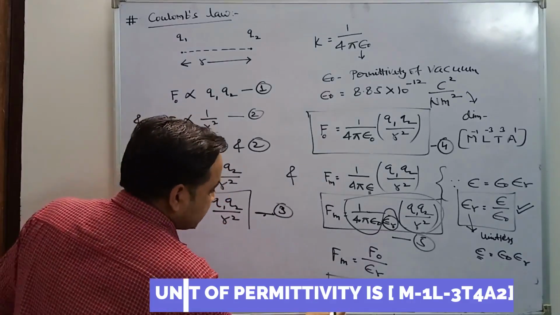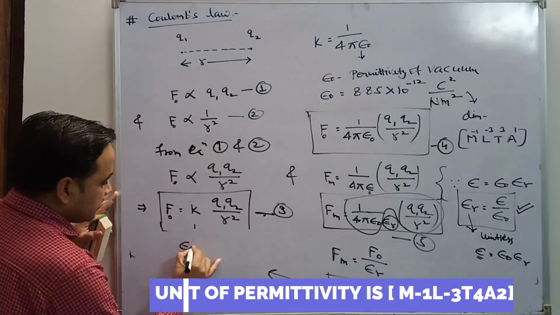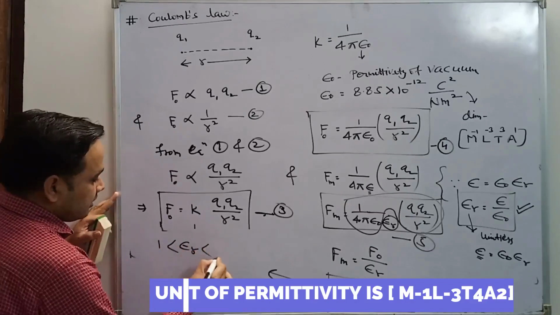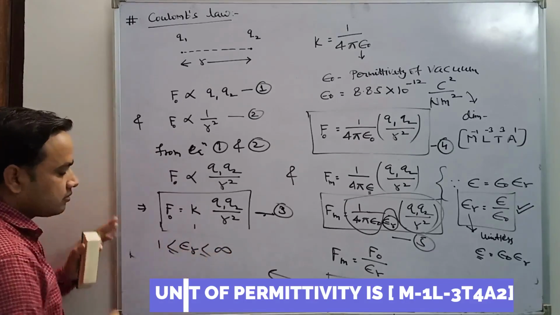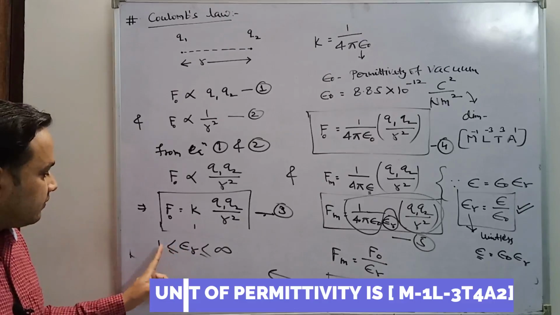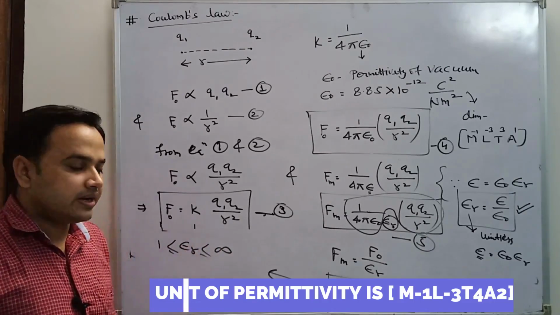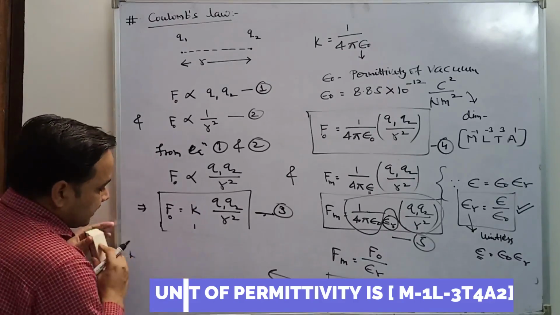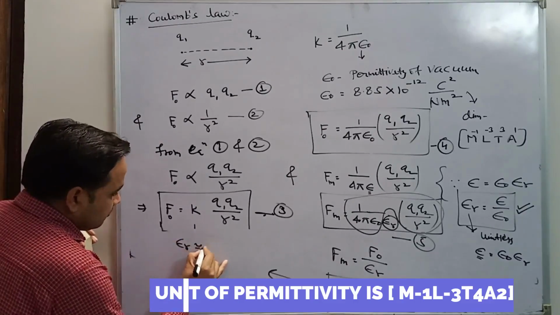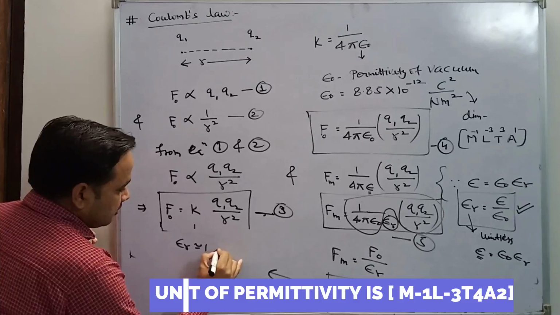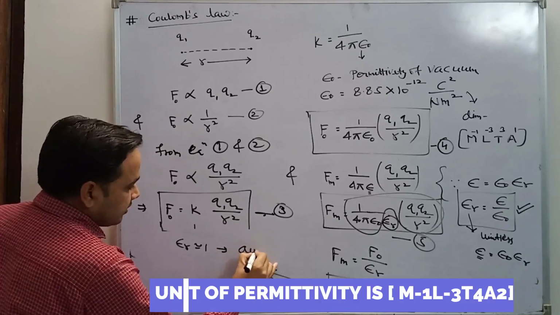So the value of epsilon r is between 1 and infinite. Its minimum value is 1 and maximum value is infinite. So look here, epsilon r is almost equal to 1 for vacuum or air.